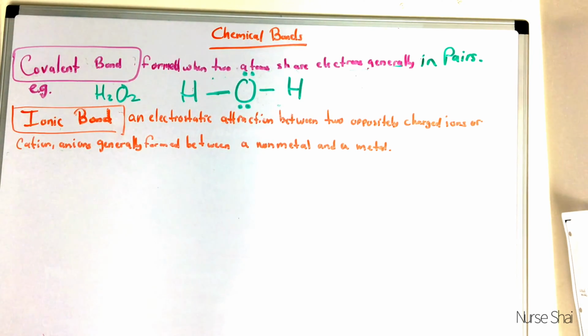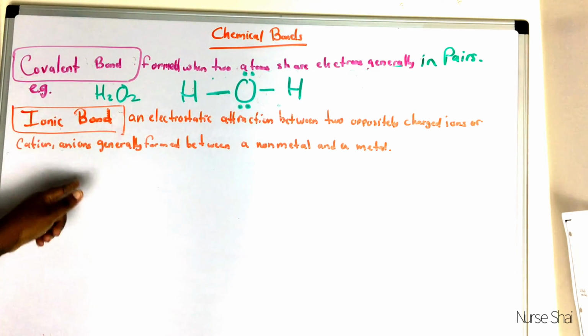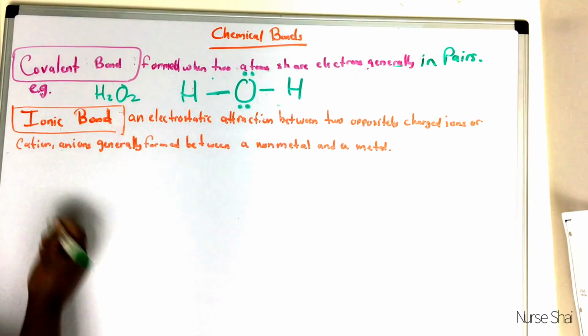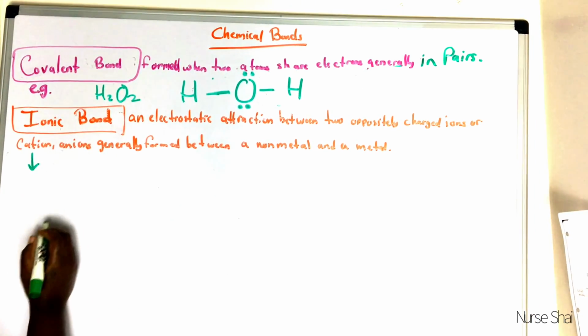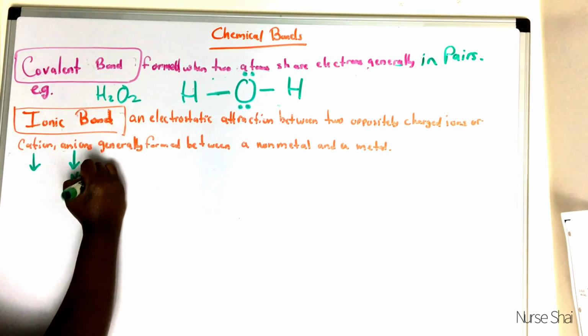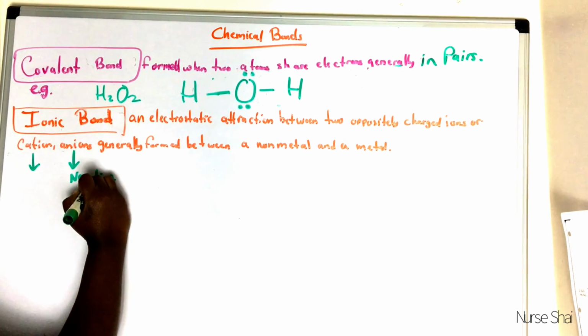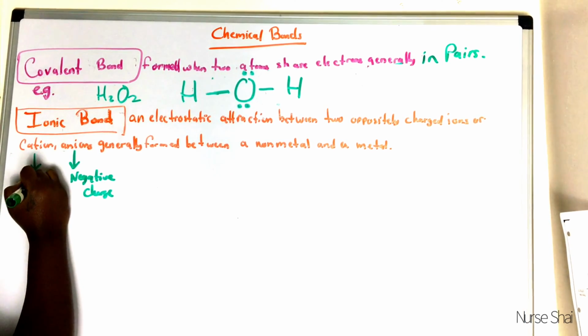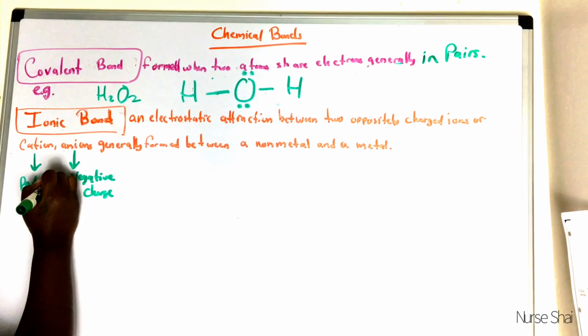Ionic bond is attraction between oppositely charged ions, cations and anions. They're generally formed between a nonmetal and a metal. And so, as we learned earlier, anions are negatively charged, and then a cation is positively charged.